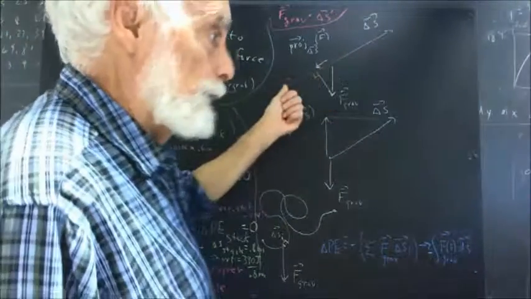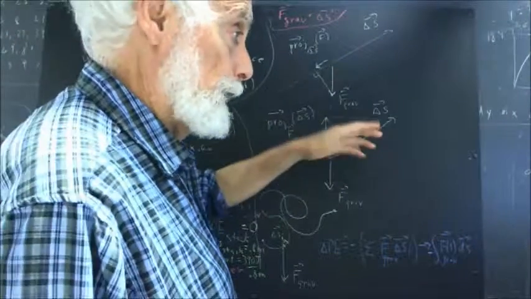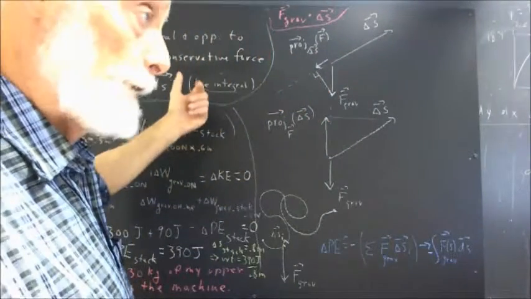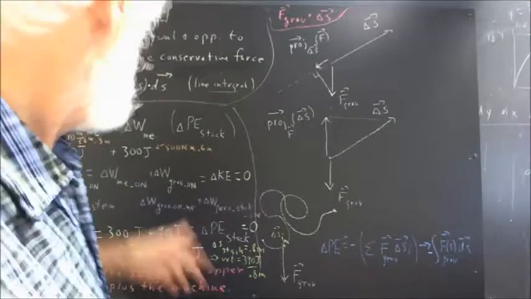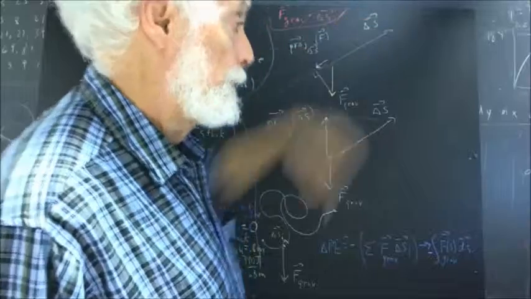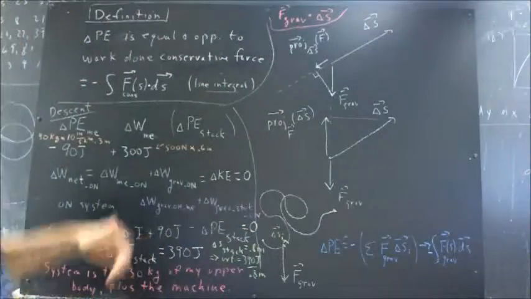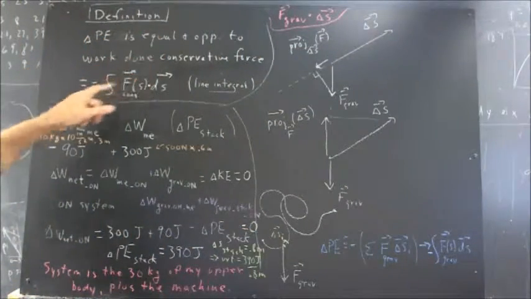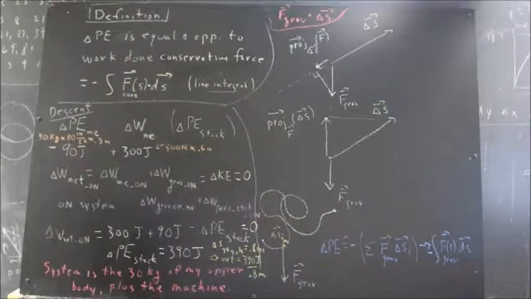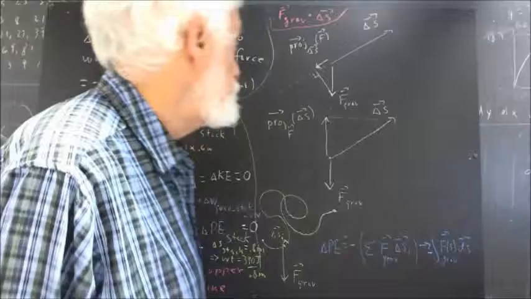And since the projection vector is in the direction opposite the displacement, in this particular picture, the gravitational force is going to be doing negative work, meaning what? Meaning the potential energy is going to increase as you go from here to here. Because gravity does negative work, change in potential energy is equal and opposite to the work done by that conservative force.